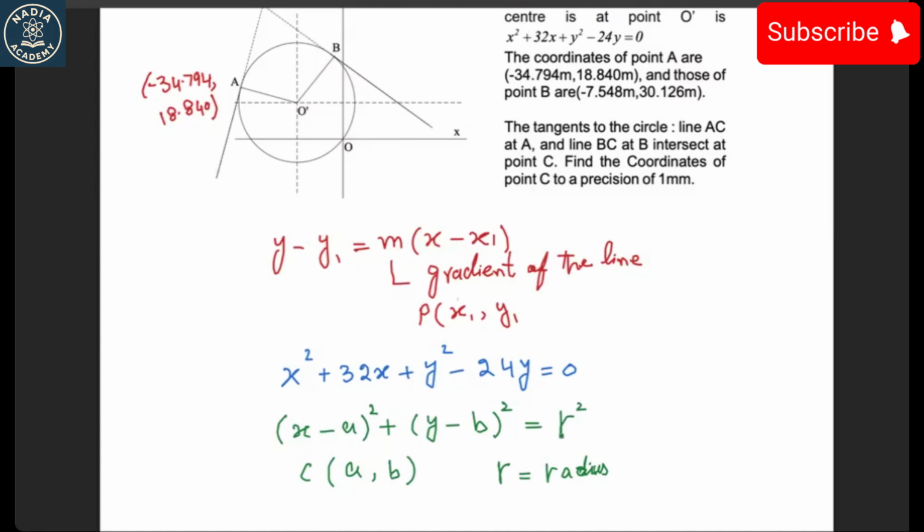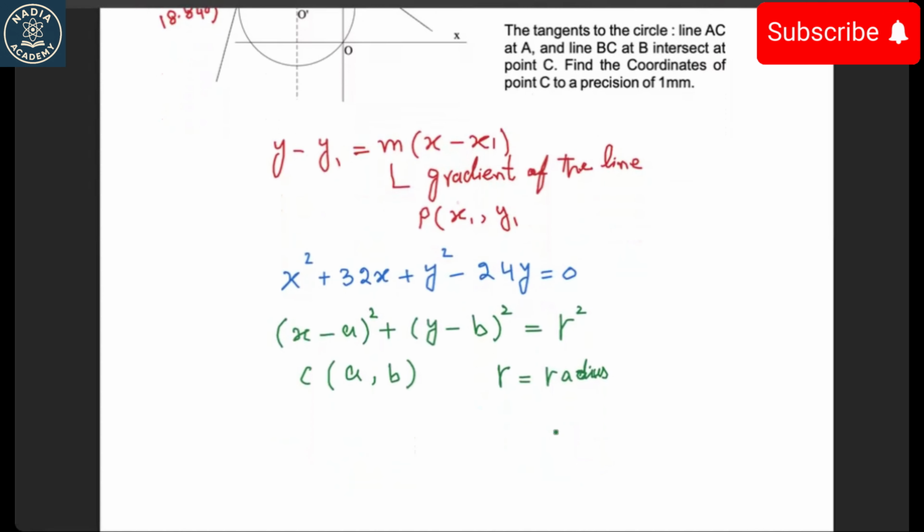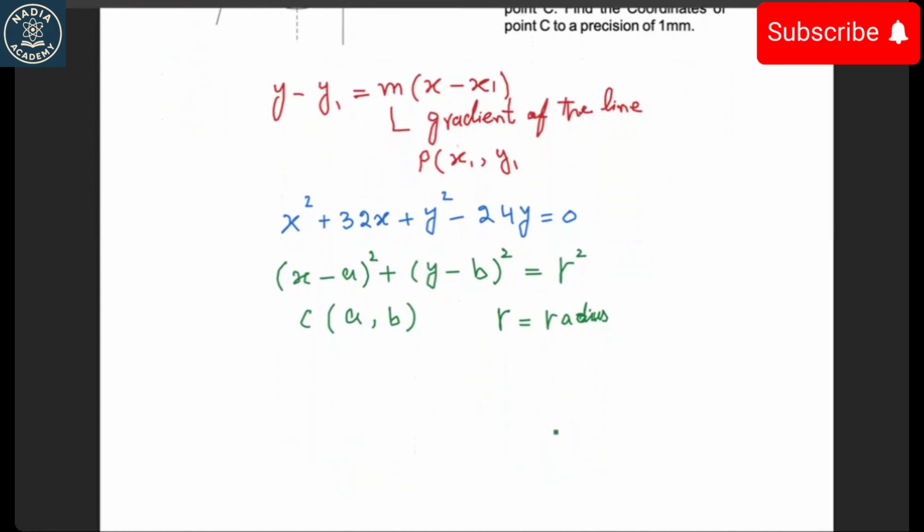meaning that this is actually the length of the radius of the circle. Now, this equation of the circle, we can very easily write in the form of a general circle equation. We convert the first two terms into a complete square in the form of (x minus a), and the last two terms as (y minus b) squared.